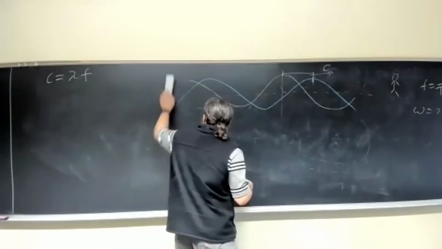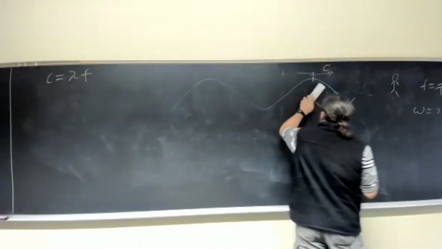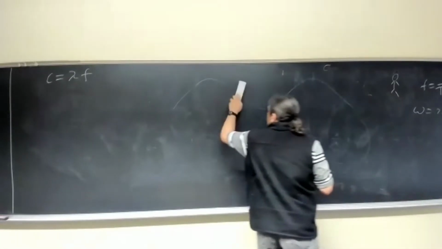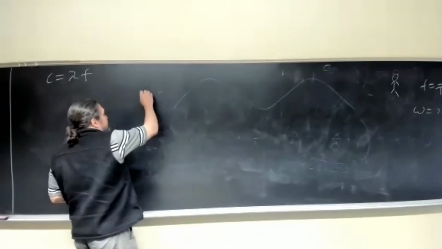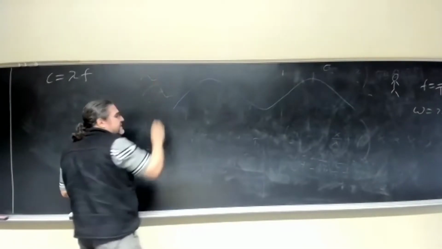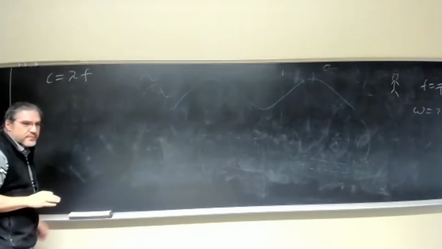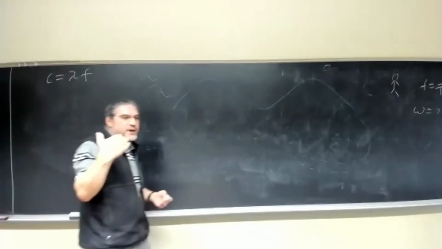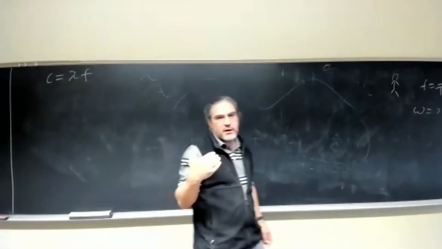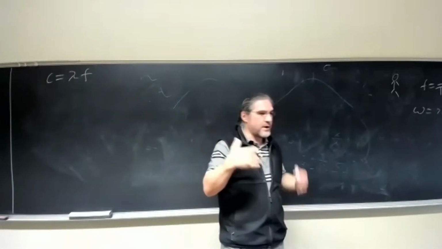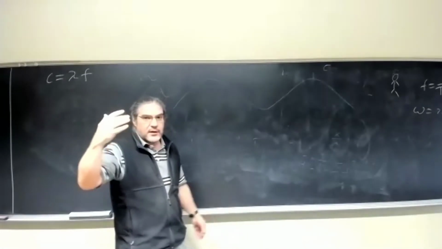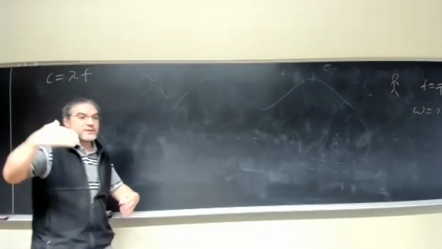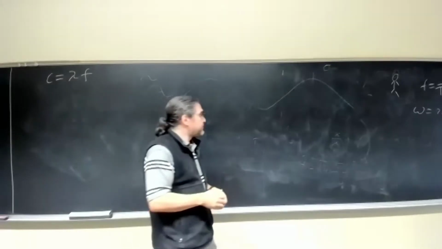We can then explain the following phenomenon. Let's imagine that we have two sound waves coming in, but they have a slightly different frequency. You remember the frequency of a sound wave is the pitch of my voice. I can talk low, I can talk high, and these are different frequencies of the sound I can produce.